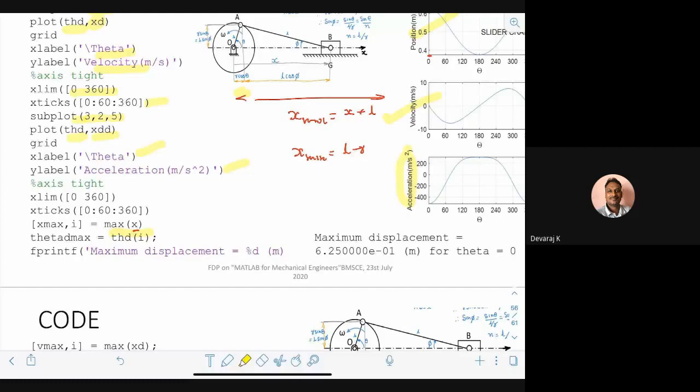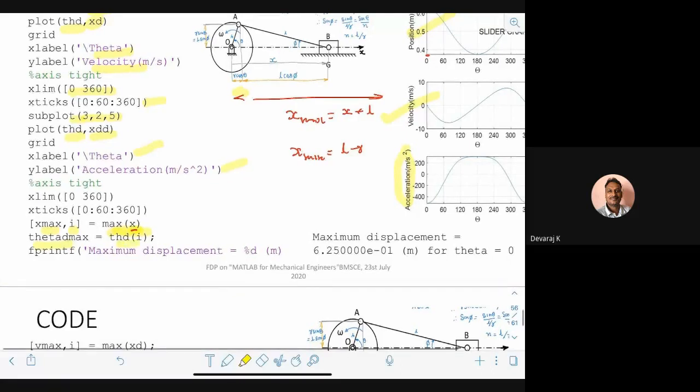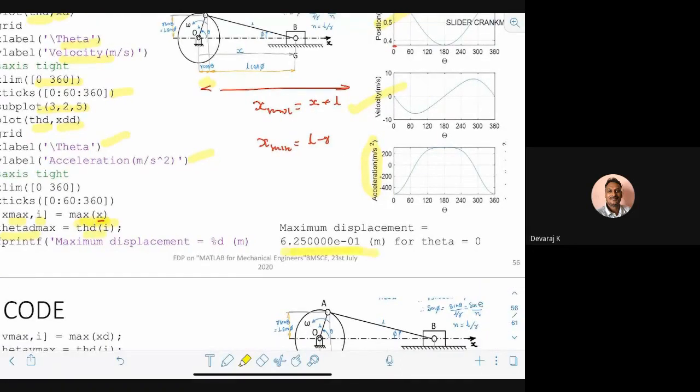For that purpose, what you need to do is, you can say the output of maximum of X is X max and the corresponding location I, meaning at what vector location is that value. And at that value of I, what is theta? If you say that, you will get both X max and theta max, and that's what you get here. Maximum displacement happens when theta is equal to 0 degrees is the output.